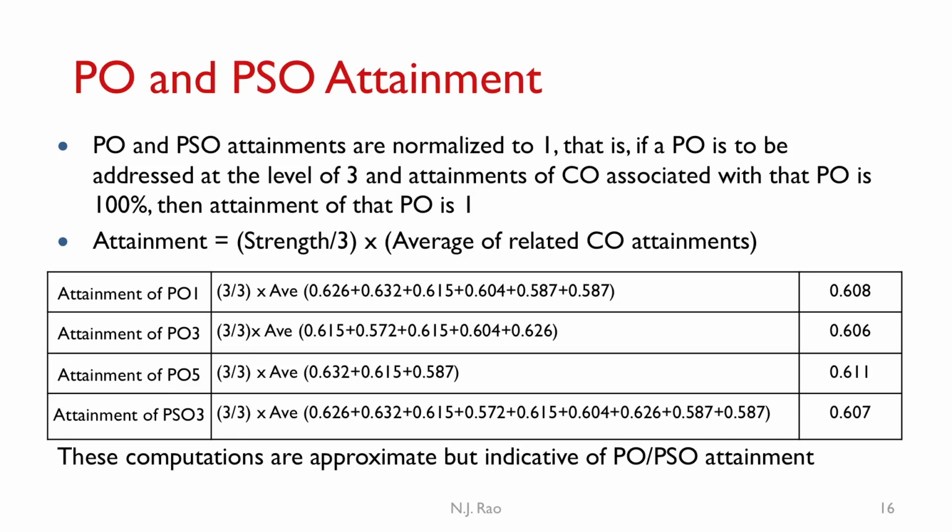What you require is to be consistent with one process and you get some numbers. You do not have to keep going to higher decimal places. Approximate numbers are okay, and this is what you get as PO and PSO attainment.